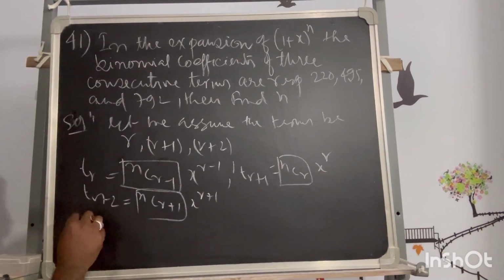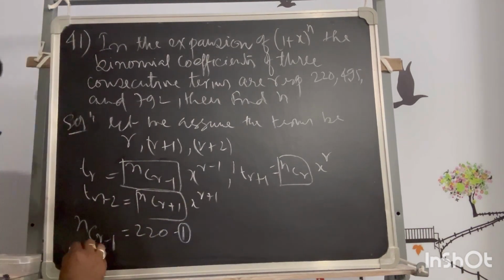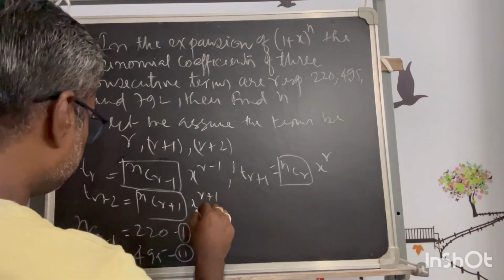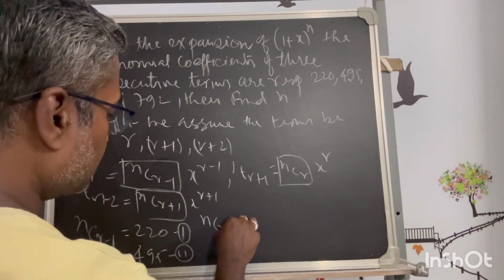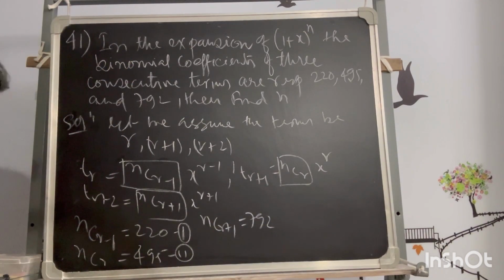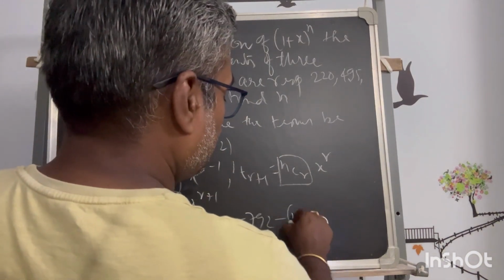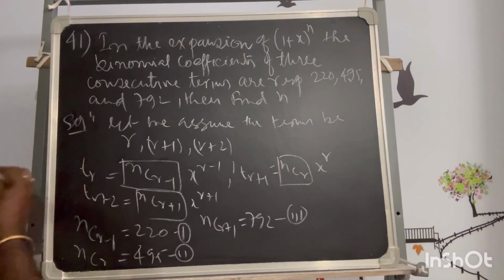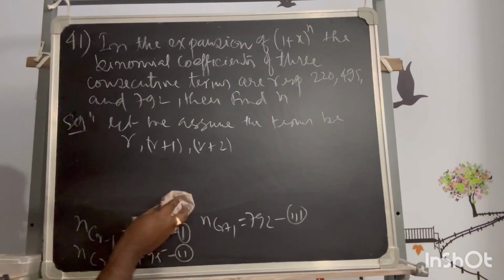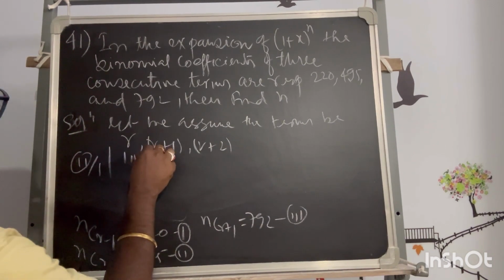Now nC(r minus 1) is equal to 220. This is your first equation. nCr is equal to 495, which is your second equation, and the third is nC(r plus 1) equal to 792. As in one of the earlier problems of this kind, we took 2 by 1 first, then 3 by 2.